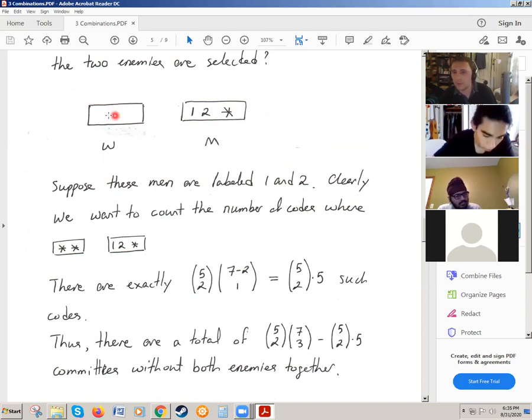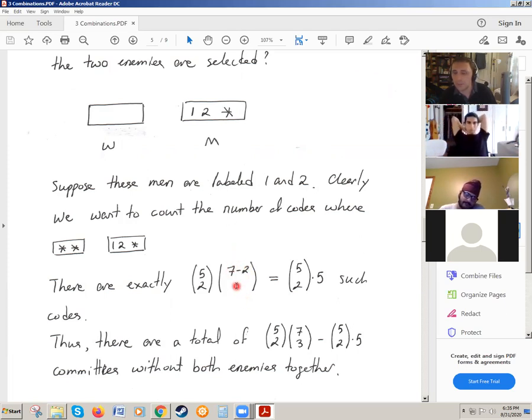Well, for the women, we have still 5 choose 2 ways to fill in the form. But this form, look at it, 1, 2 is already there. So the 2 men were already removed. Out of 7 minus 2 men, I need to only put in 1. Filling this document, 1, 2 is already there. I don't have access to those numbers, so I have numbers going from 3 all the way to 7. Altogether, I have 7 minus 2 numbers.